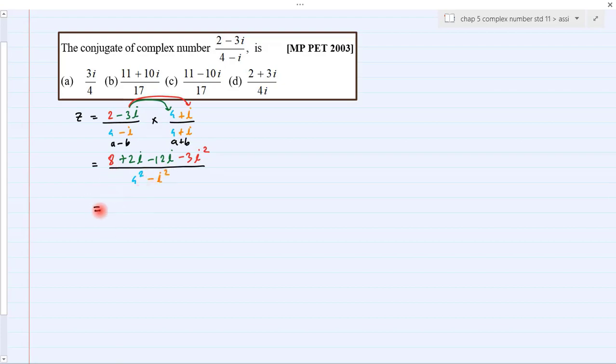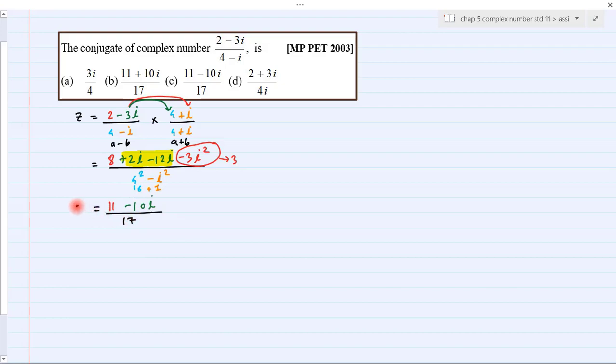So, our complex number will be simplified as this 8, and minus 3i square will become plus 3. So, 8 plus 3 will be 11. And the remaining two terms, which are 2i and minus 12i, will become minus 10i. And in the denominator, we will get 16 plus 1, or we can say 17.